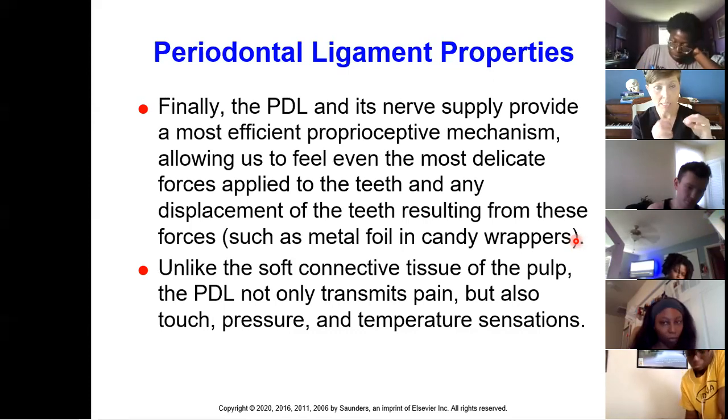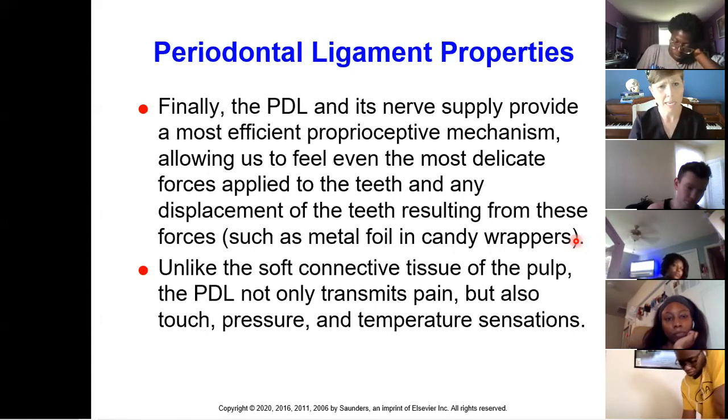Think about if you bite on a piece of hair by accident, it feels huge, like you have this big thing in your mouth. It's because it's such an innervated area. Or to have floss get stuck in between your teeth, it feels like you have a wedge, things like that.